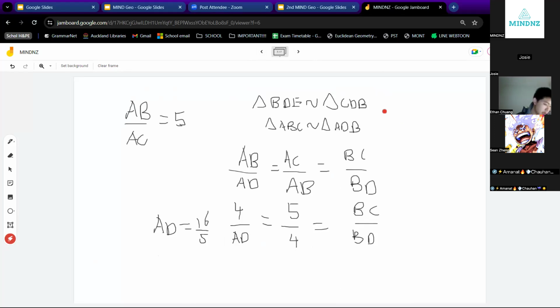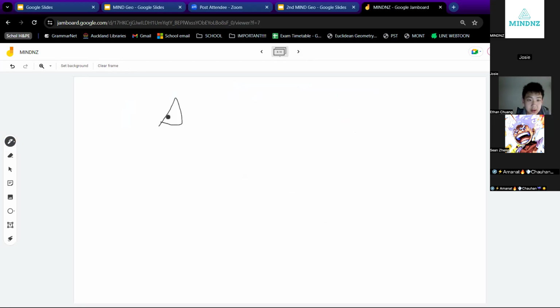I don't know if anyone's actually made any progress, so I'll just take this ratio into consideration. Or maybe I'll just start this on a new page. I'll write a bit smaller actually. BDE was it? This is similar to triangle CDB.